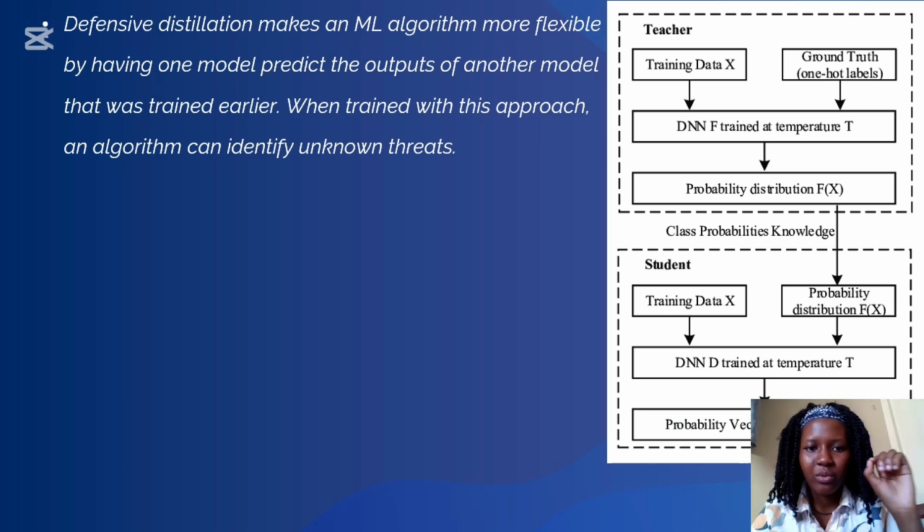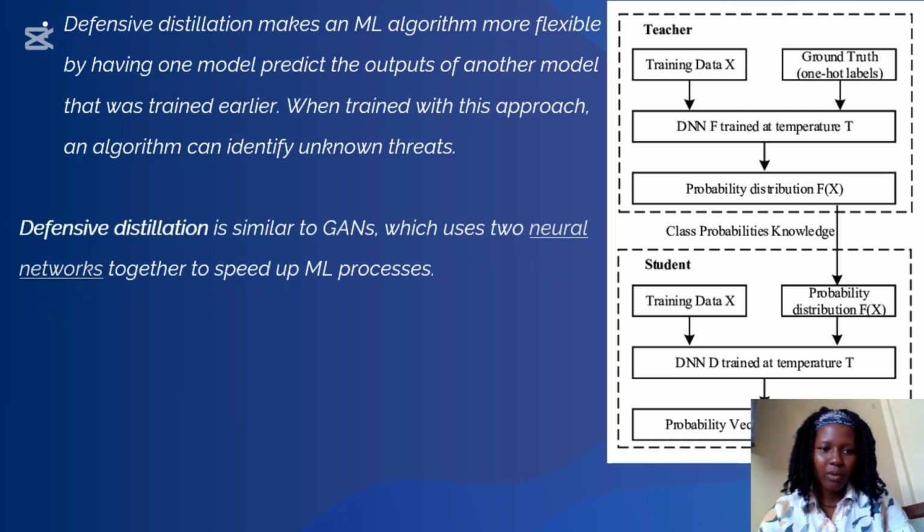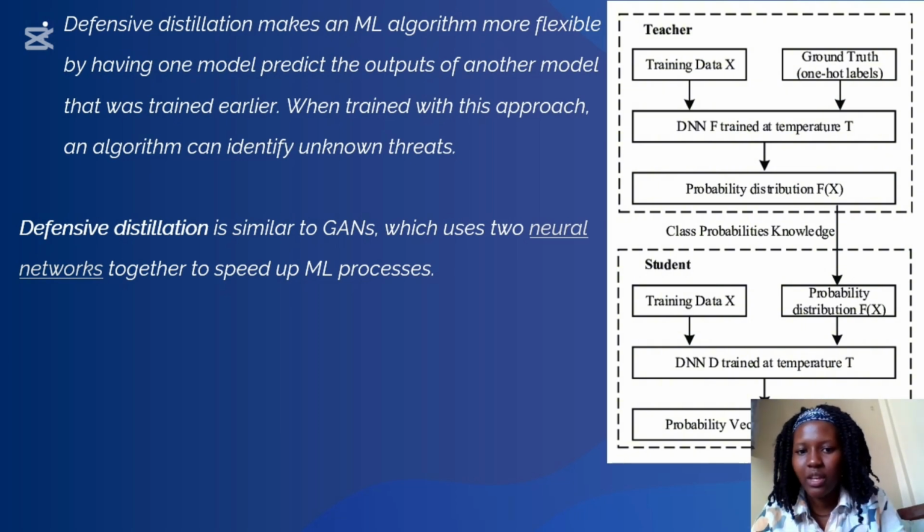So the student network learns to generalize better by mimicking the teacher's output distribution, and this will bring more confidence levels for each class. Defensive distillation is actually similar to GANs since it uses two neural networks, and as you have seen, we had the teacher and the student.